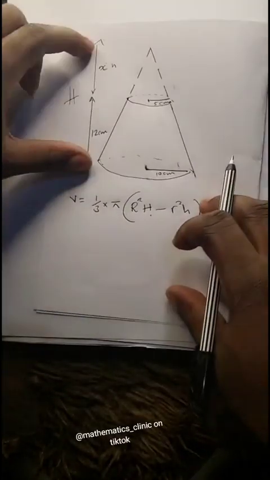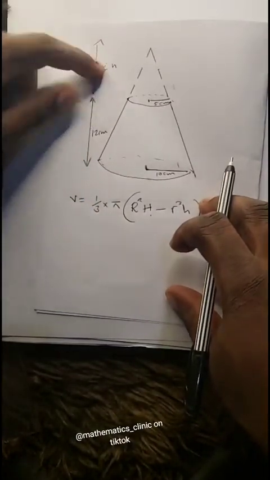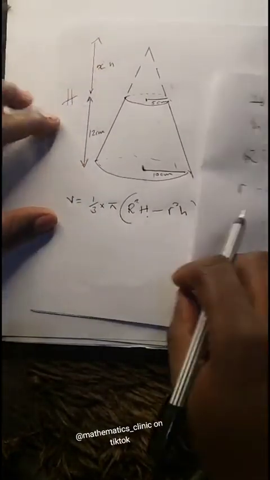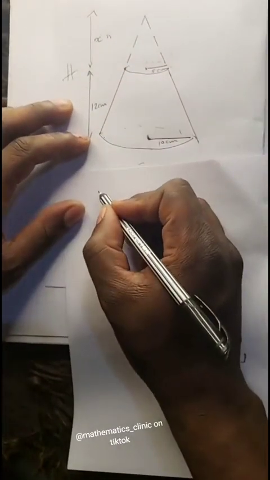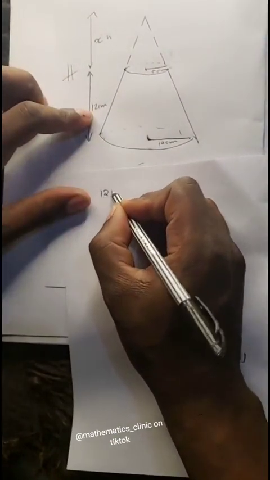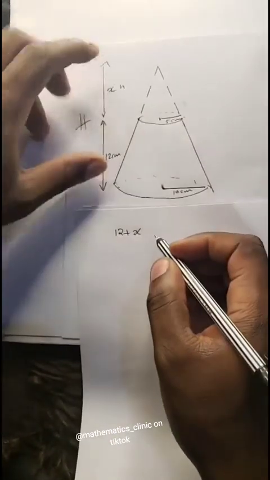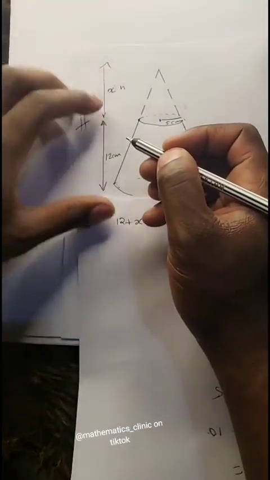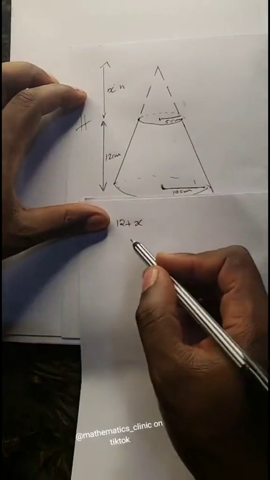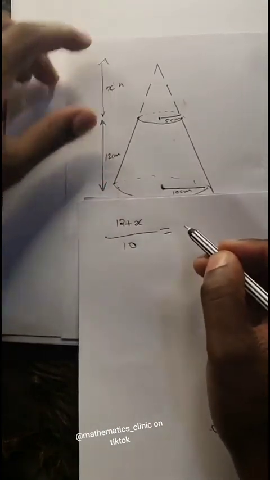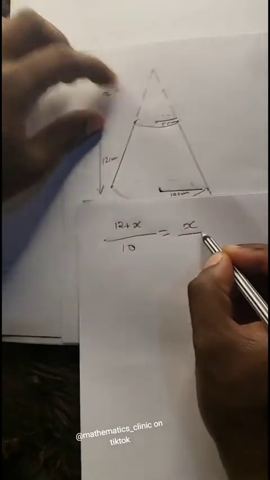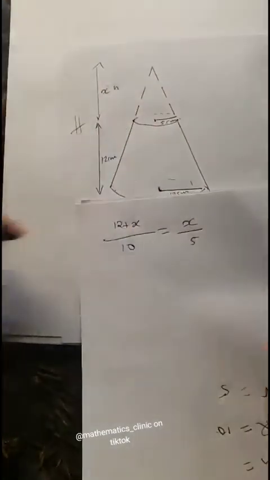So how do we find that height, x? For us to find the actual height, we use corresponding ratios. The big height is 12 plus x, over its radius, which is 10, is equal to the small height x over its radius, which is 5.